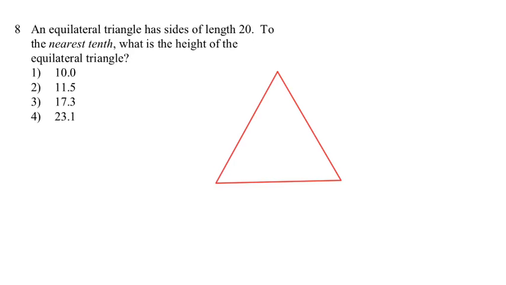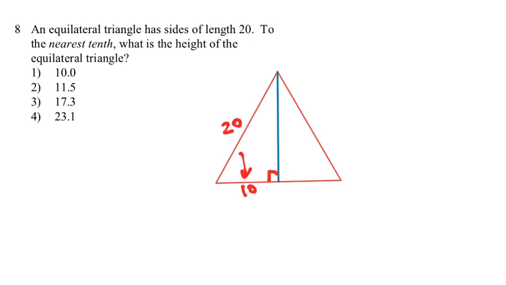Now, number 8, we have an equilateral triangle here. Side length is 20. Then, what is the height of the equilateral triangle? So, what I have done is I drew that height perpendicular to the base. Then we end up creating a 30, 60, 90 triangle. So in this case, the hypotenuse becomes 20.